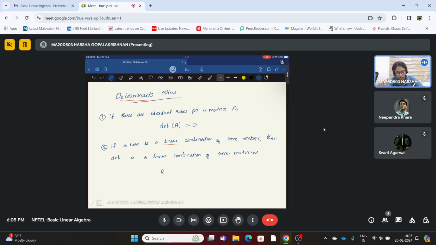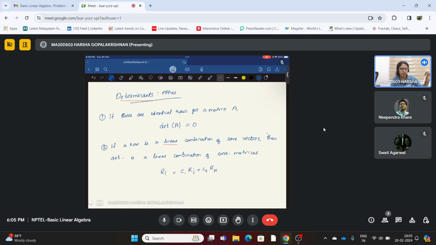If Ri equal to some C1 Rj plus C2 Rk, like this. So then we can split the matrix into two matrices with the C1 into the matrix which contains the Rj only.